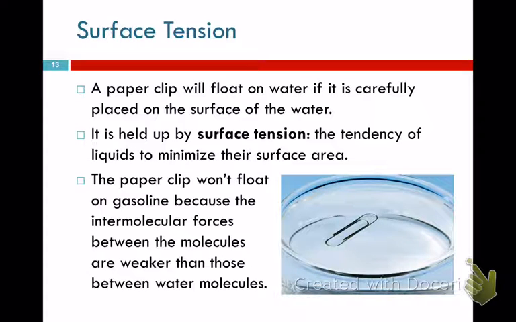Now, from what you've been told already, something made of steel, iron, copper, zinc, nickel, alloyed together, is more dense than water, right? But it can still sit on top.